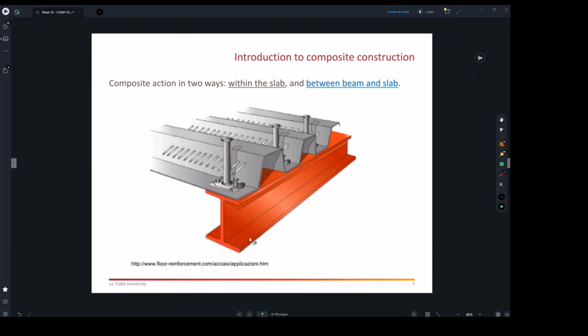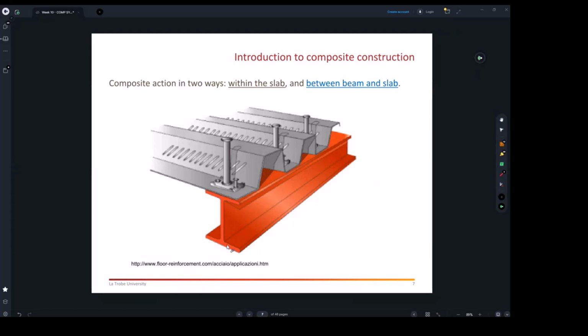The purlins were helping with the fly brace or helping the top flange to restrain it and prevent its twisting, but does not mean it is composite. Composite means when they're going to be pouring gray concrete here, this whole section from the top of the slab all the way to the bottom flange can act as one member together.